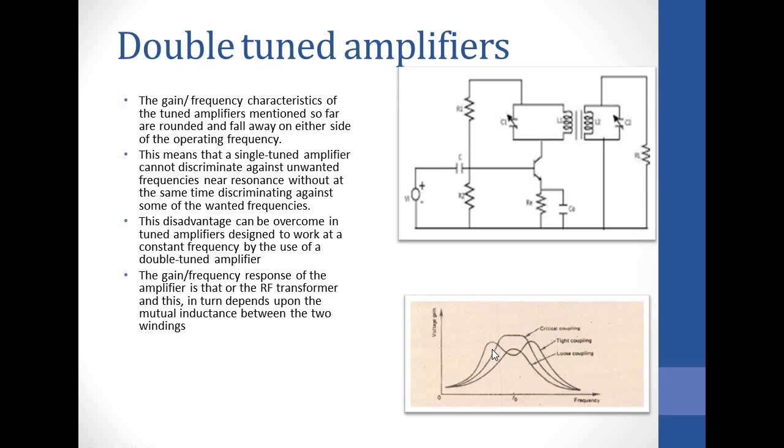And if it is tightly coupled, which means that L1 and L2 are too close together, we produce more of an M-shaped characteristic. But by critical coupling, which is critically selecting the distance between the two, we can achieve a flat response there. This is something that is done by the manufacturer.